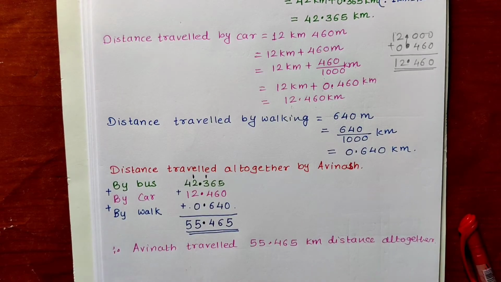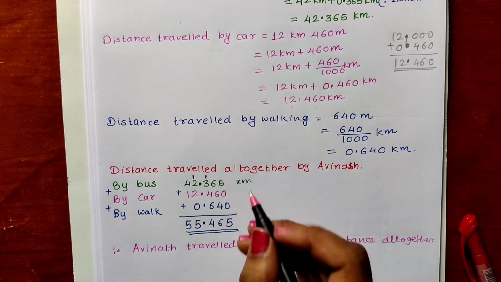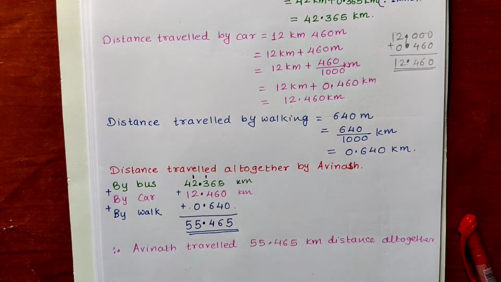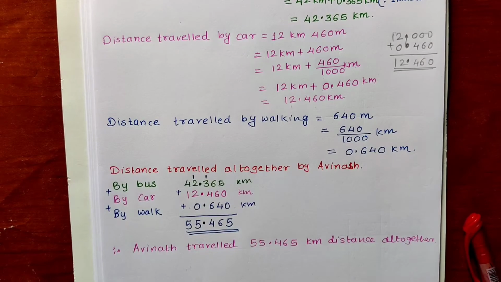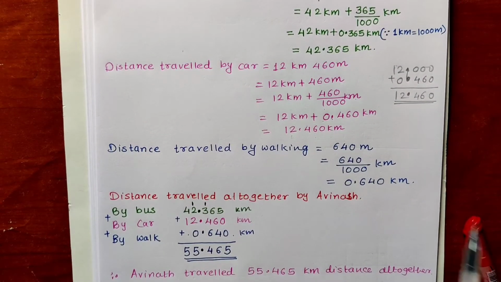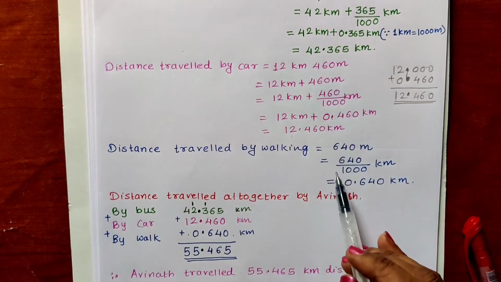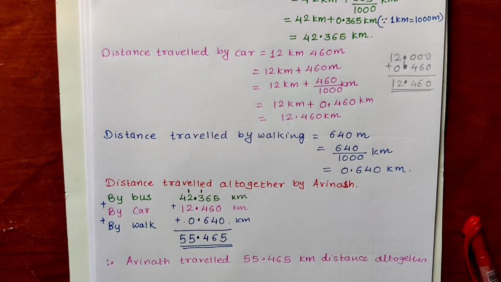Here also we can write kilometer and kilometer. Okay, because we have converted into decimal fraction. So in this way we have to convert the given distances or given numbers into decimal fraction very carefully like this, and then we can find out the answer.